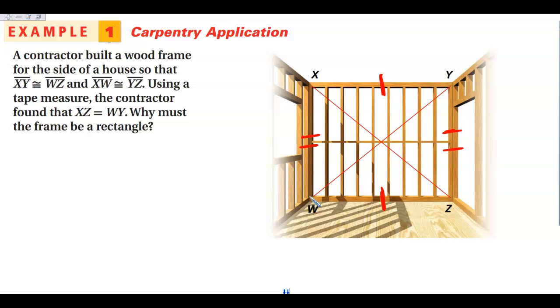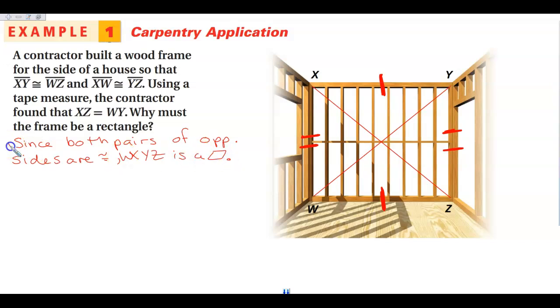That is a rectangle. Okay, so we need to show first, because it's a parallelogram, we know that since both pairs of opposite sides are congruent, then WXYZ is a parallelogram.